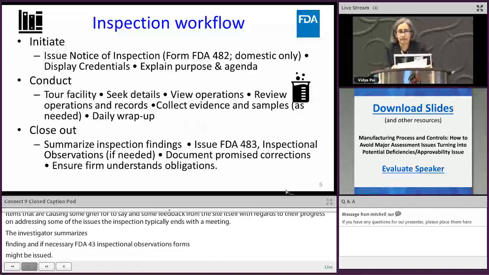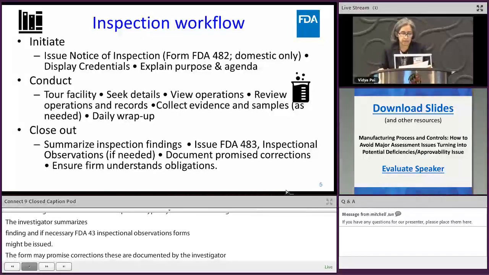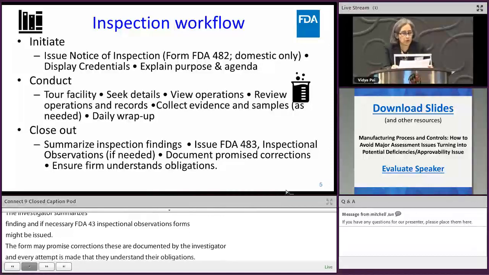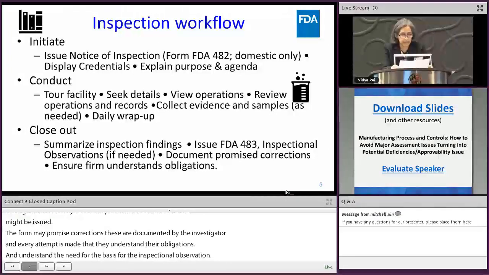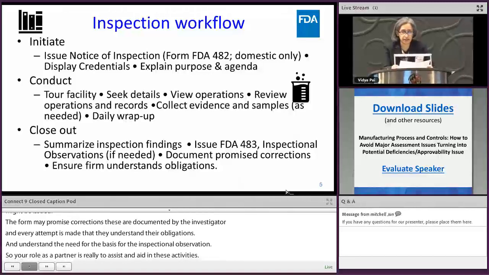And really, every attempt is made to ensure that the firm understands their obligations and understands the need, the basis for the inspectional observations. So your role as a partner is really to assist and aid in these activities. So it could be around sharing the requested information, documentation, and providing any other supporting information that could help the investigator understand the approach that is being taken on site.